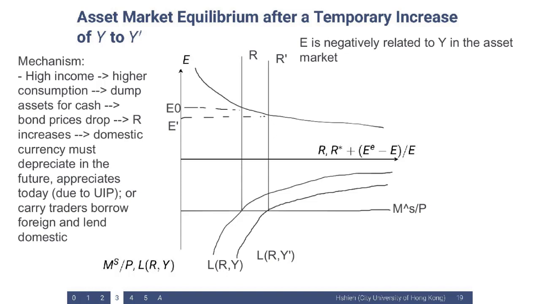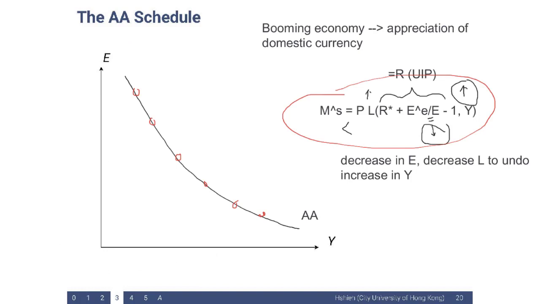So this is all review, right? Nothing crazy. This is something you've seen before. All right, so let's just plot this relationship on this graph. When looking at E versus Y, we know that there's a negative relationship.